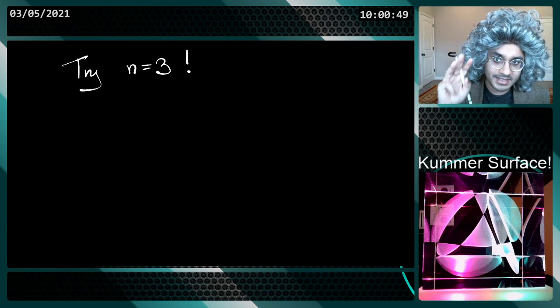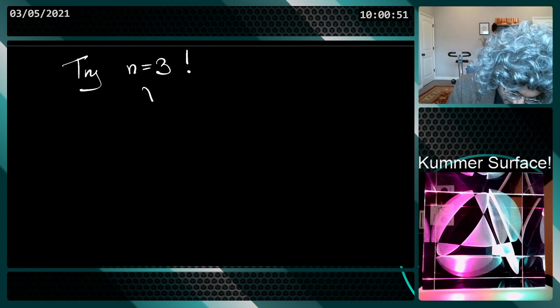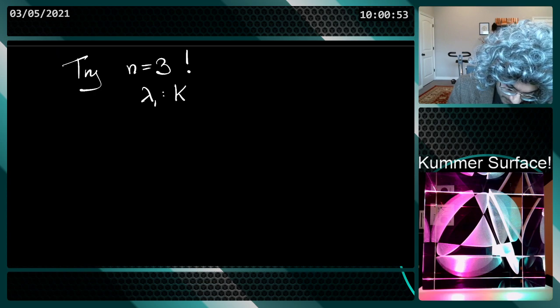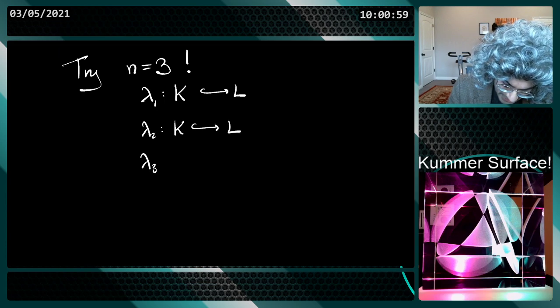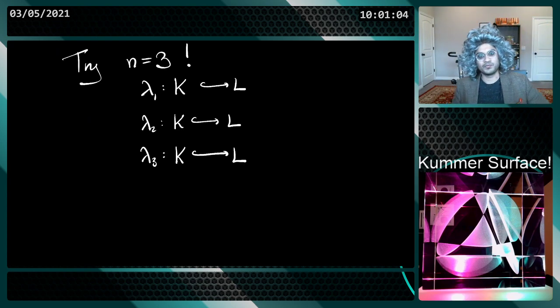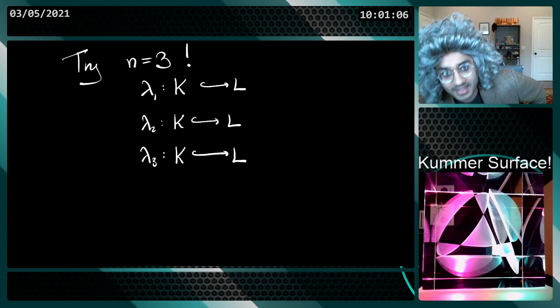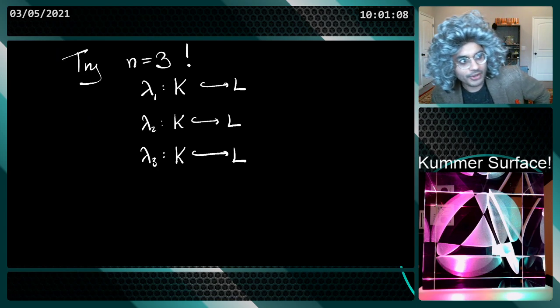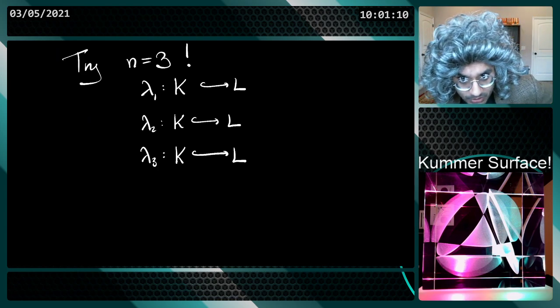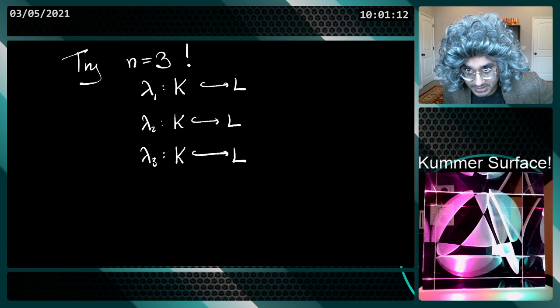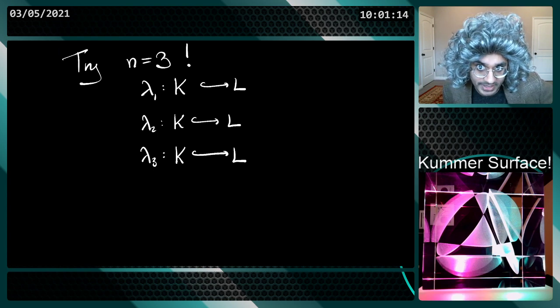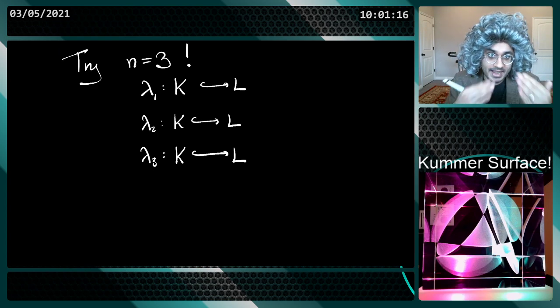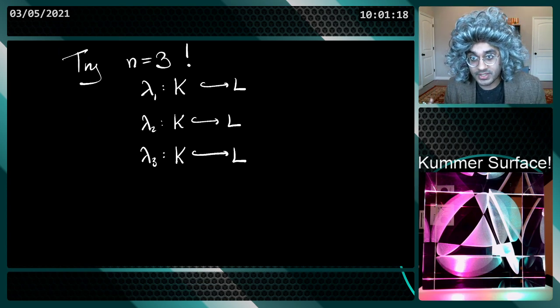Now you have 3 distinct homomorphisms. Okay, the claim is there are no 3 non-zero elements, A1, A2, A3, that combine these to give the zero function.